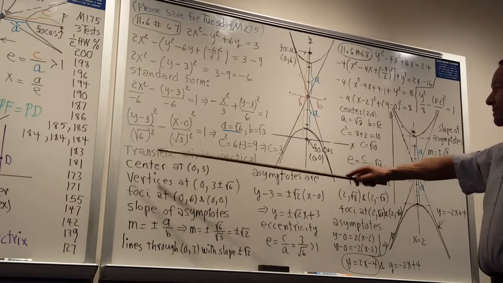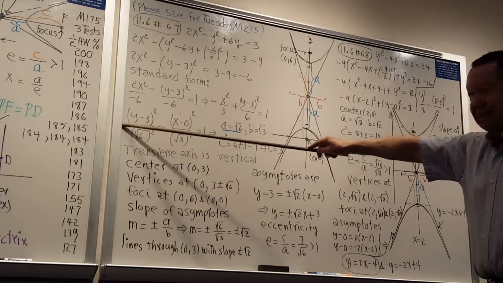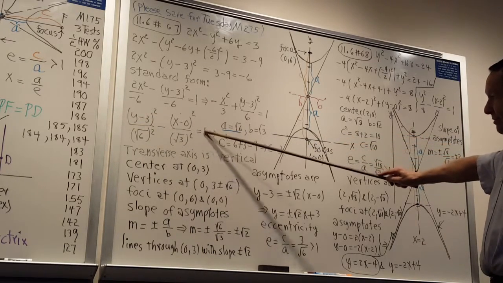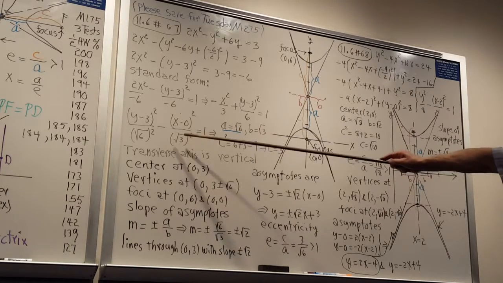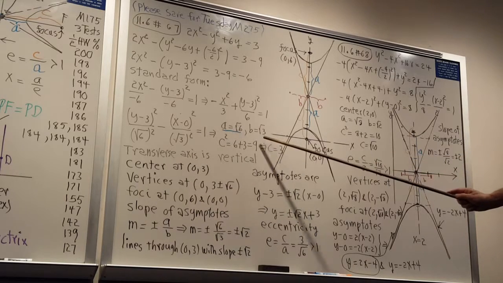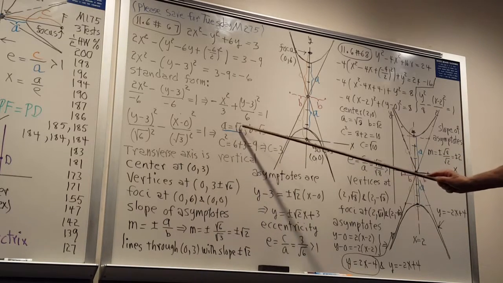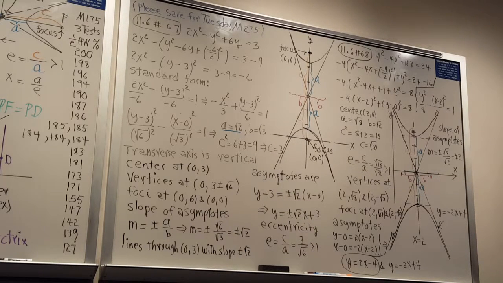So this is the a. The a is what goes with the plus sign when you're in standard form, and the b is what goes with the minus sign when you're in standard form. And the c squared is a squared plus b squared, so it's 9, so c is 3.